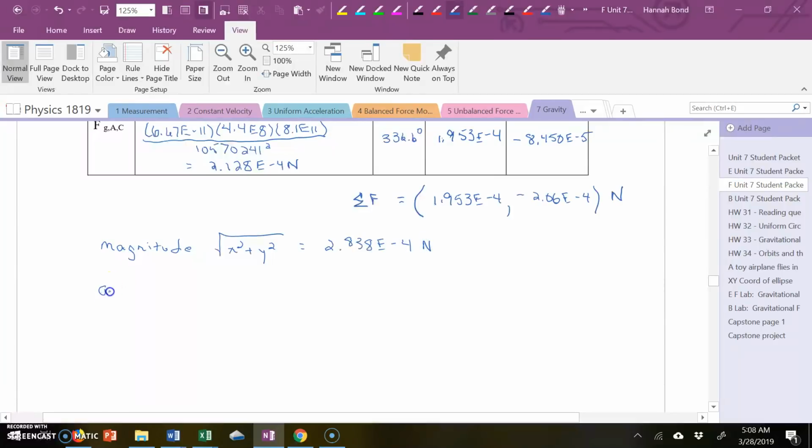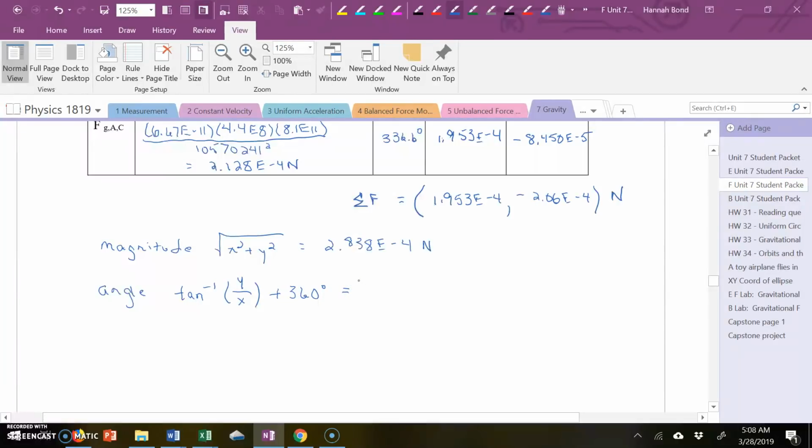And I also have to find the angle by taking the arctan of the y component divided by the x component. Notice that in this situation, the x component is positive and the y component is negative, and so it's in the fourth quadrant. That the net force is pointing down in the fourth quadrant, so I need to add 360 degrees to what my calculator gives me to get a fourth quadrant angle.